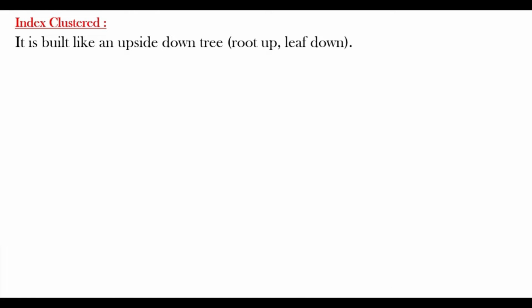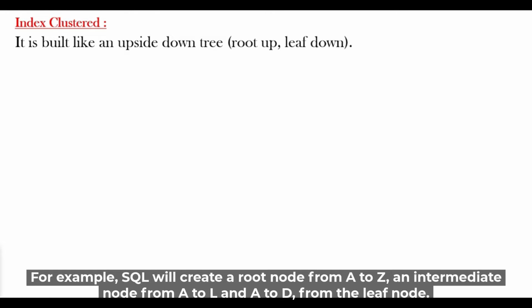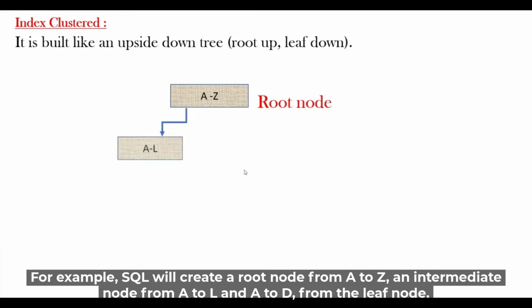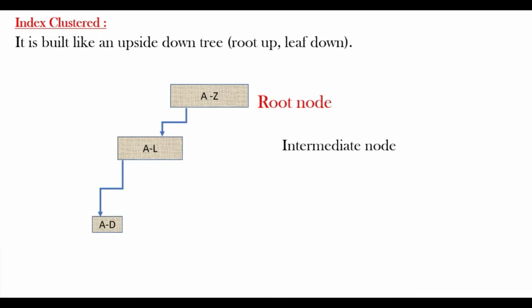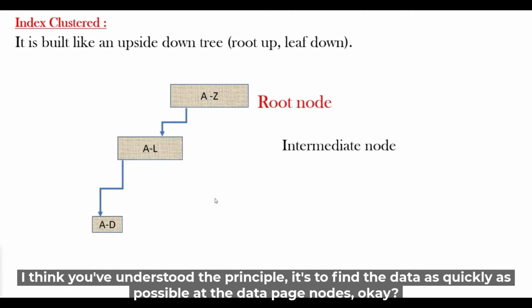For example, SQL will create a root node from A to Z, an intermediate node from A to L, and A to G from the leaf node. I think you have understood the principle. It finds the data as quickly as possible at the data page node.